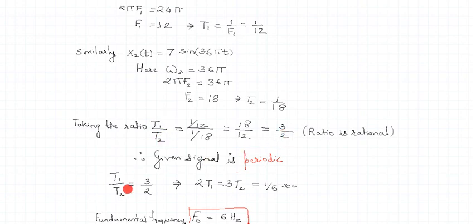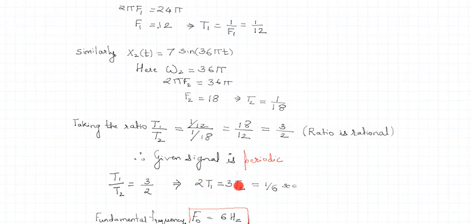When I cross multiply, I get the relation 2T1 is equal to 3T2. If I put the value of T1, which is 1 by 12, I get a value of 1 by 6.